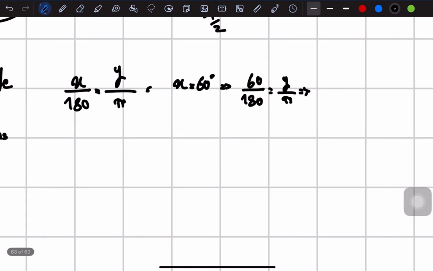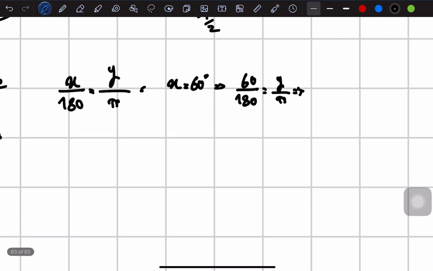If we calculate this, 60 over 180 is 1 over 3, so y would be pi over 3. And this is how we do it.